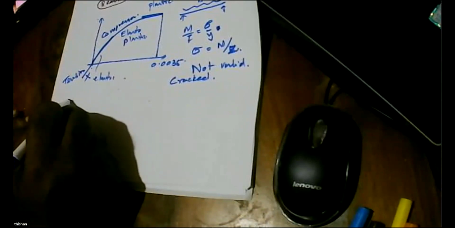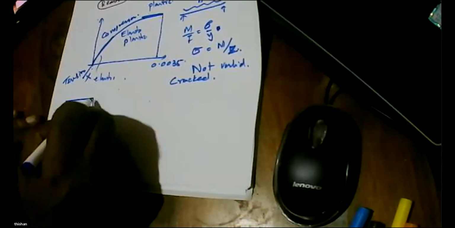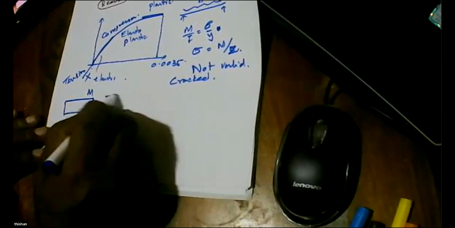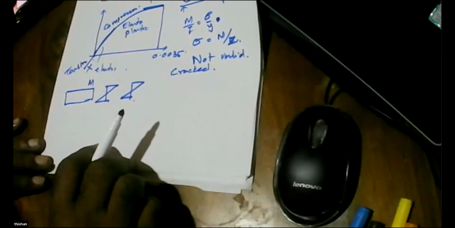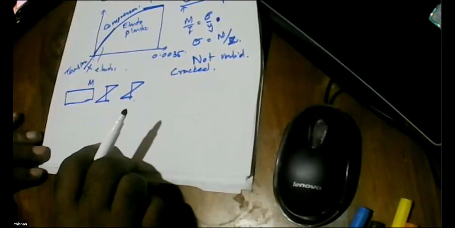So it means if a steel beam is subjected to bending moment, you get a stress distribution like this. Strain distribution is also the same. But in reinforced concrete, you find the strain distribution is still the same.